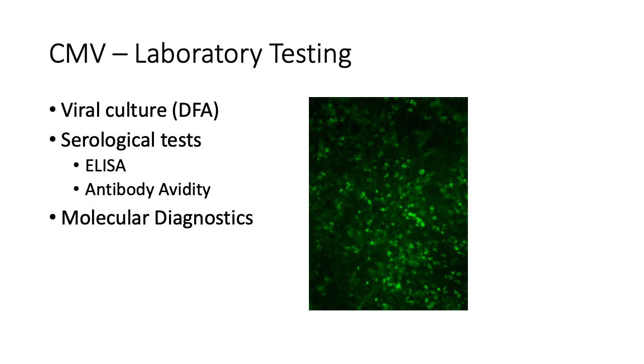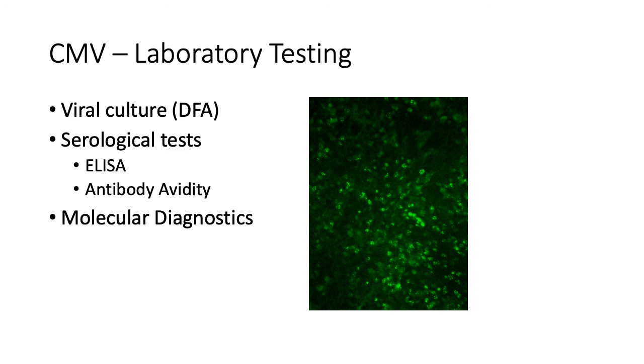Viral culture allows isolation of the virus using infected specimens, urine, respiratory secretions, and anticoagulated whole blood. Once present in culture, the virus can be detected via direct immunofluorescence assay. Fluorochrome-linked antibodies are added to the tissue culture.